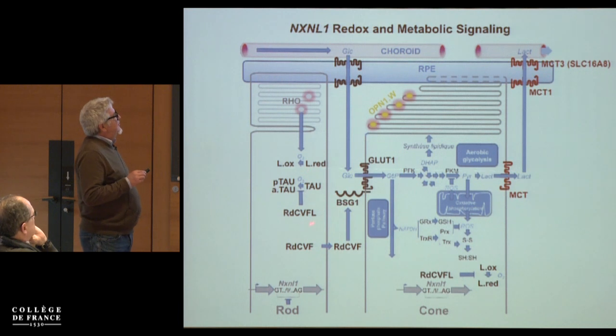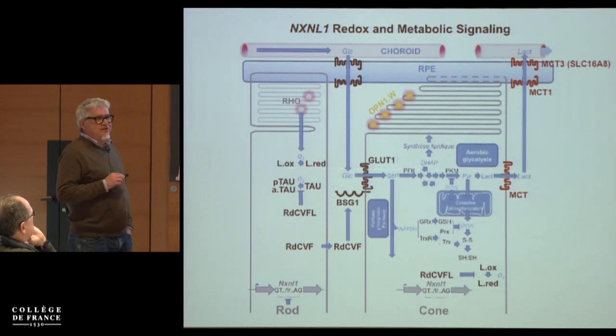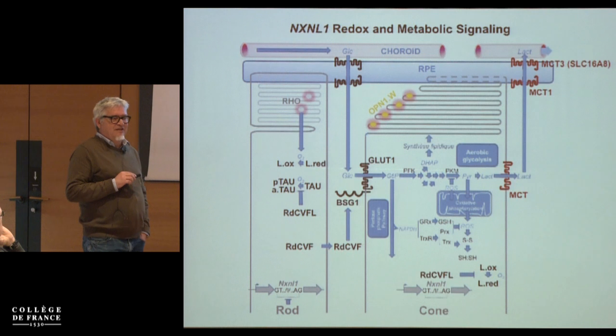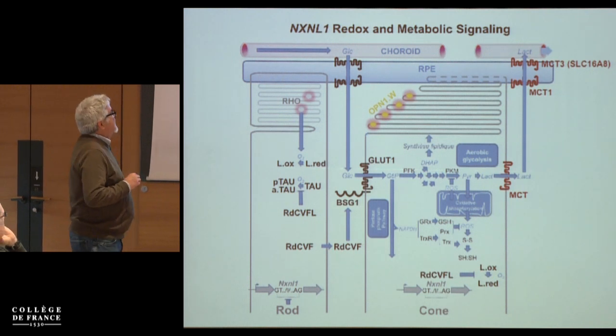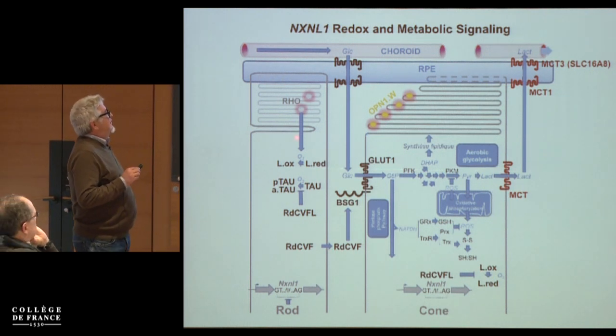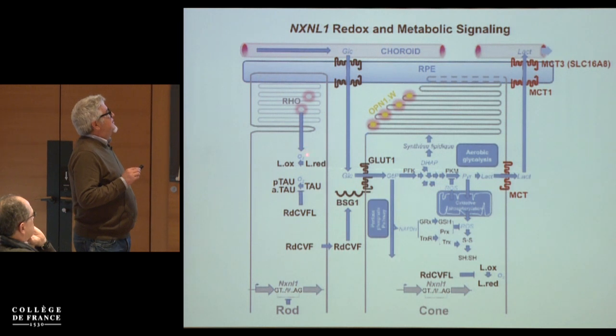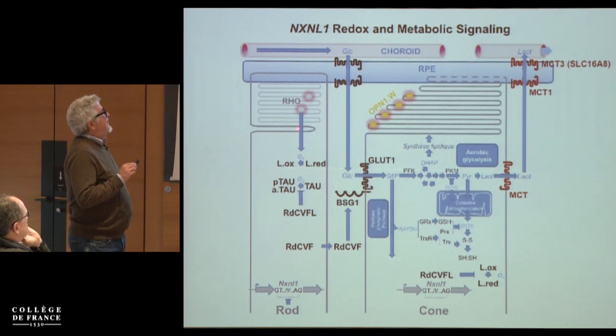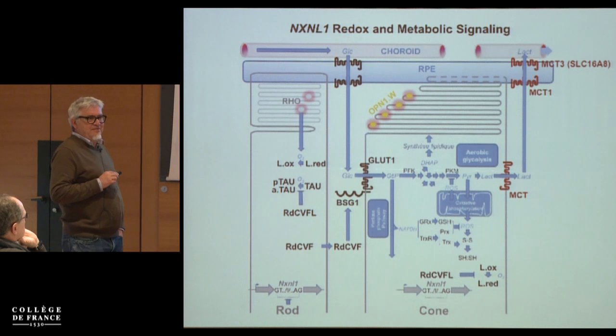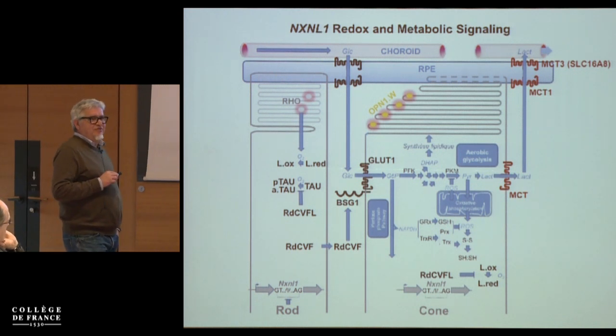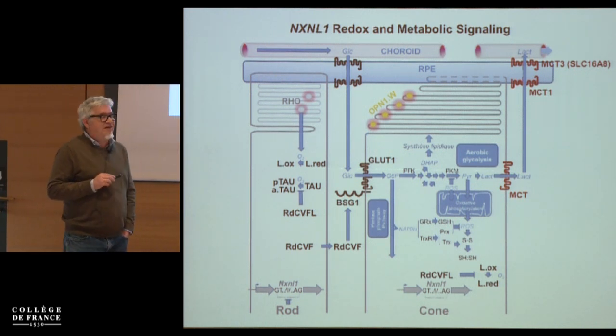The same protein is known to reduce lipid peroxidation in rod photoreceptor cells, and this lipid peroxidation is probably the action of RDCVF-L against photooxidative damage, the damage caused to rod photoreceptors by excessive light.